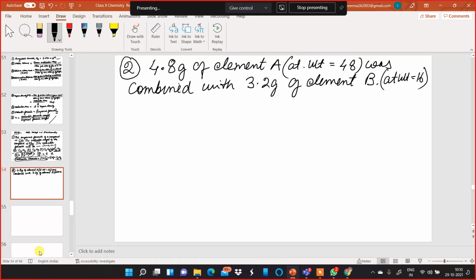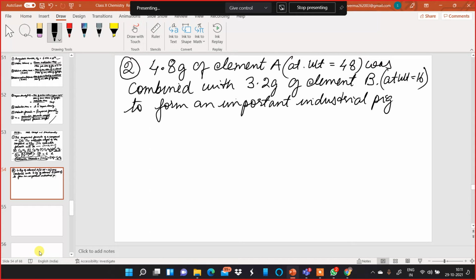It is 16. Now to form an important industrial pigment, put a full stop.